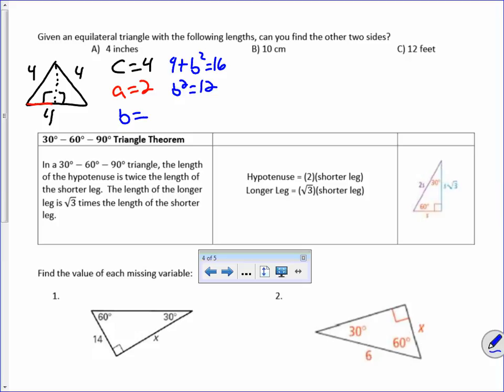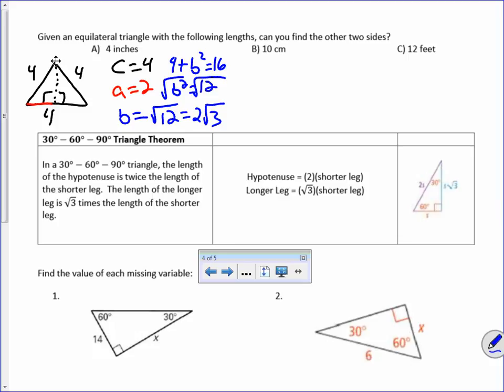Now if we take the square root, b is going to be the square root of 12, but then we can simplify that radical. So it's actually going to be 2 root 3. So b is equal to 2 root 3.